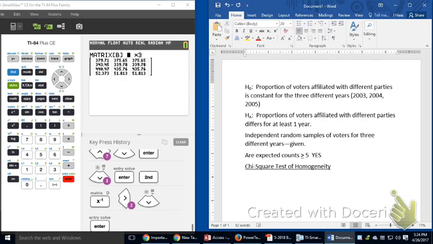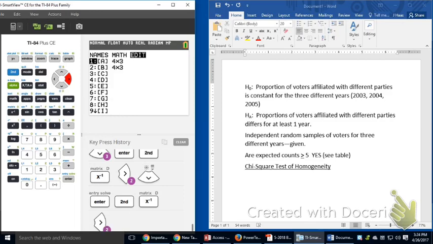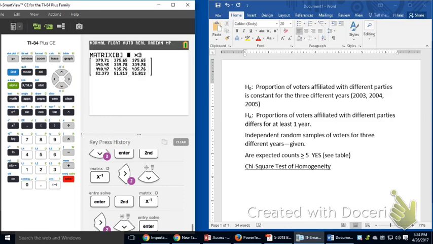And usually you would need to write a version of your table with those expected counts in there for the purpose of doing a free response, but if it's multiple choice, it's just good to know that all of my expected counts are greater than 5. And to get these expected counts, once again, we can just go to matrix, and edit matrix B, and it's done all the expected counts for you. Any questions there?